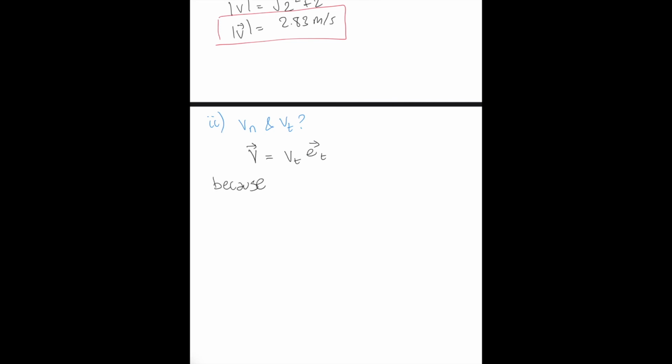This is because et is in the same direction as v, and en is perpendicular. Therefore, we get v, the vector velocity, is equal to 2.83 in the tangential unit vector, meter per second.